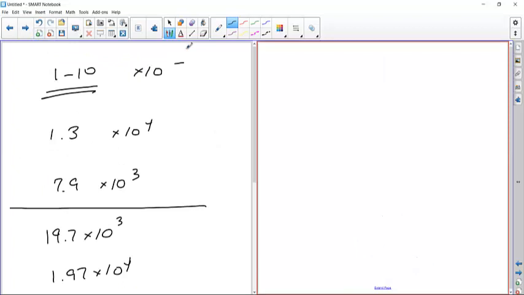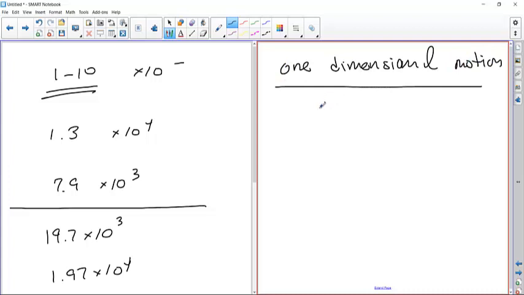The next section is we're going to talk about one-dimensional motion. So what we're going to do is introduce displacement, velocity, acceleration.